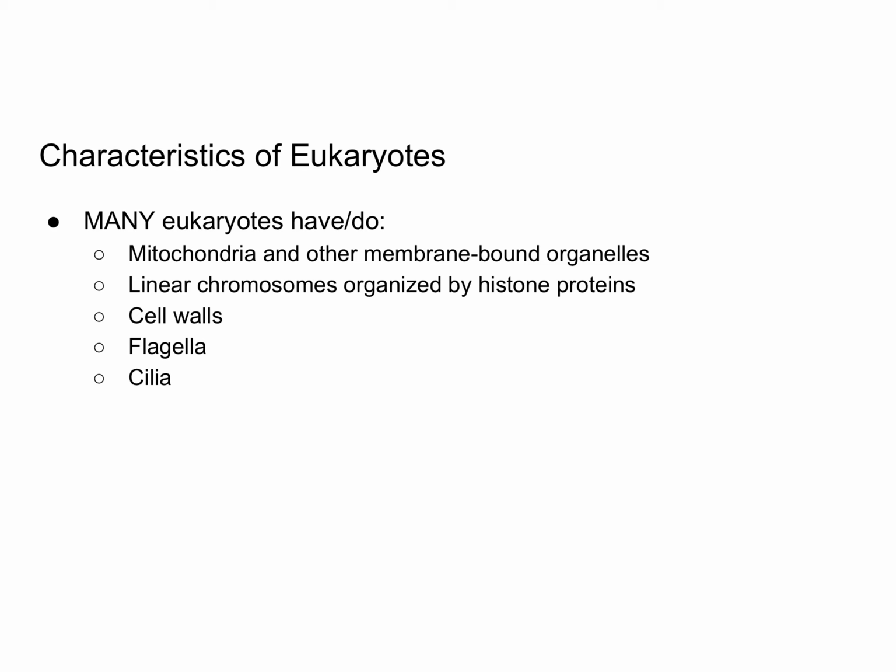There are some additional characteristics of eukaryotes that might not be in all eukaryotic cells, but might be in several or many of them. Many eukaryotes have mitochondria and other membrane-bound organelles. Mitochondria are also membrane-bound. We just like to highlight the mitochondria because they serve an especially important role in eukaryotes, and we'll talk about that more later.